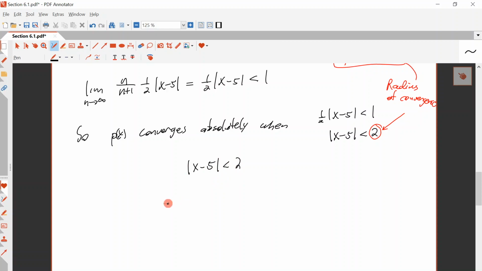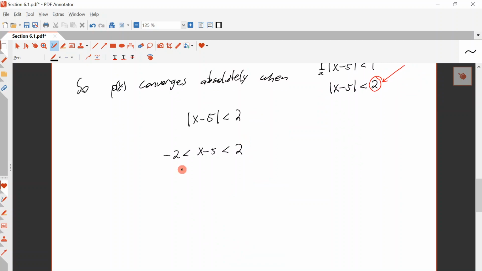Eliminate the absolute values by doing this. Either x minus 5 is bigger than negative 2 and less than positive 2. Add 5 to each part of this three-way inequality, and you have 3 less than x less than 7.